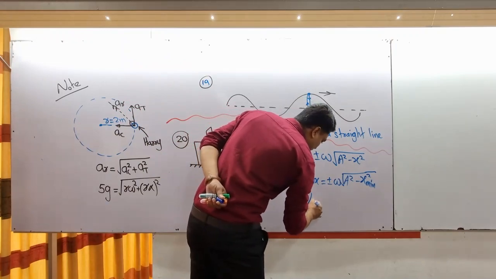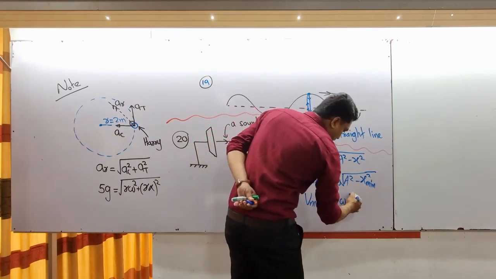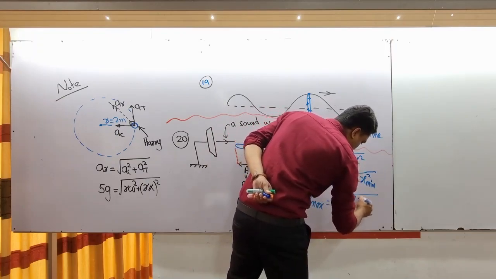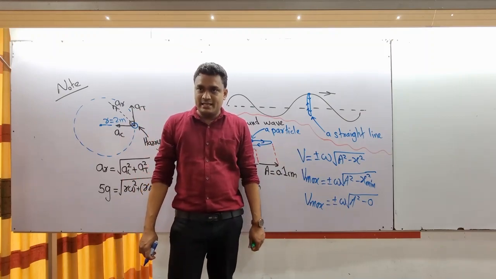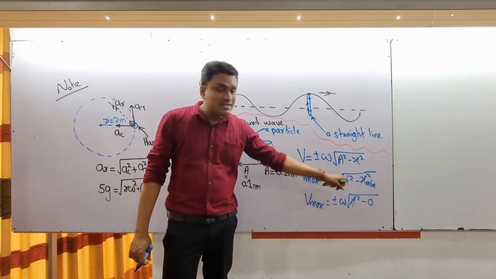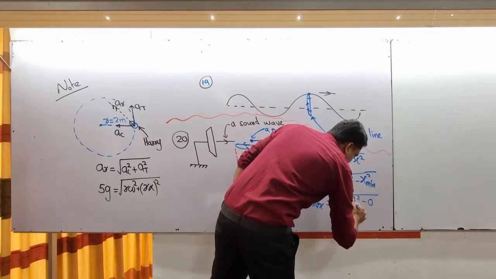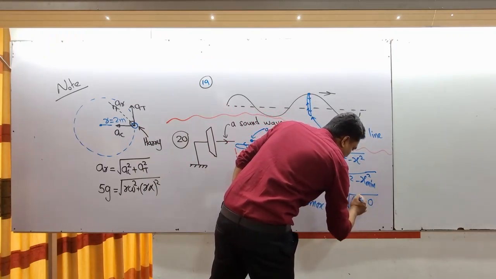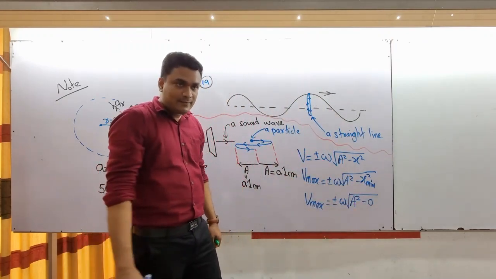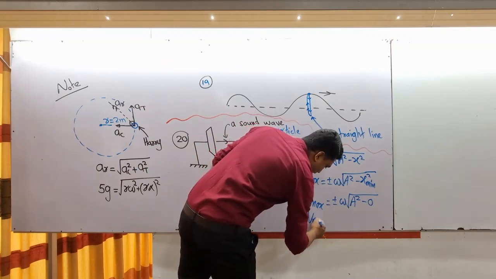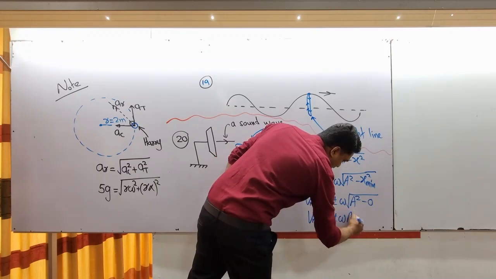Therefore, V maximum is plus or minus omega times the square root of A squared minus 0. A squared minus 0 is A squared. The square root of A squared is A. Therefore, the maximum velocity is plus or minus omega A.